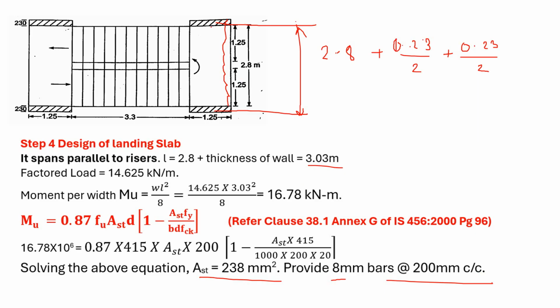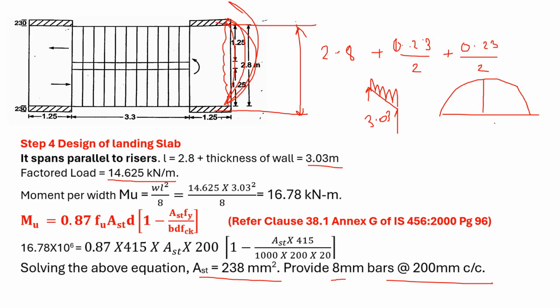You can see that this landing slab bends in this direction. Now the UDL has been obtained to be 14.625 kilonewton per meter, and the center to center distance. So here you can see that the UDL is like this, and this distance is 3.03, and finally the maximum bending moment diagram will come like this, that is WL square by 8.